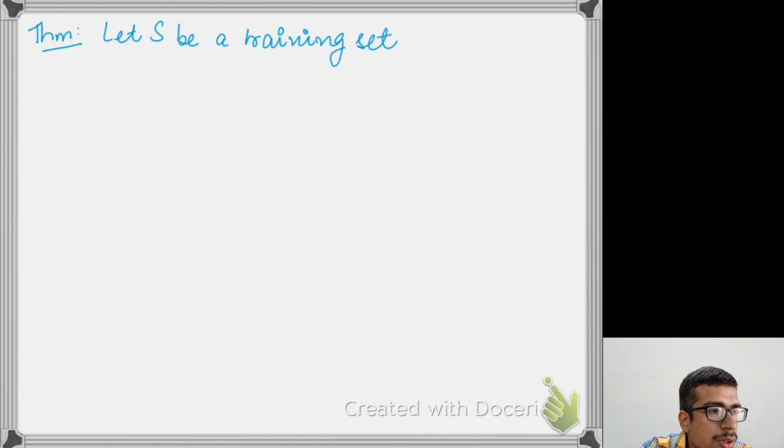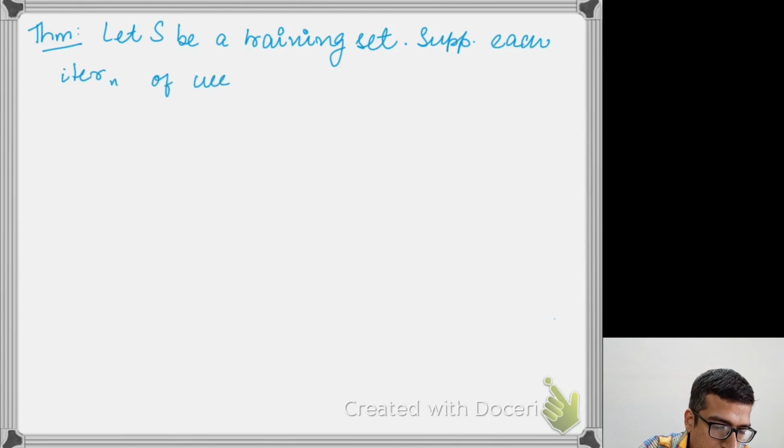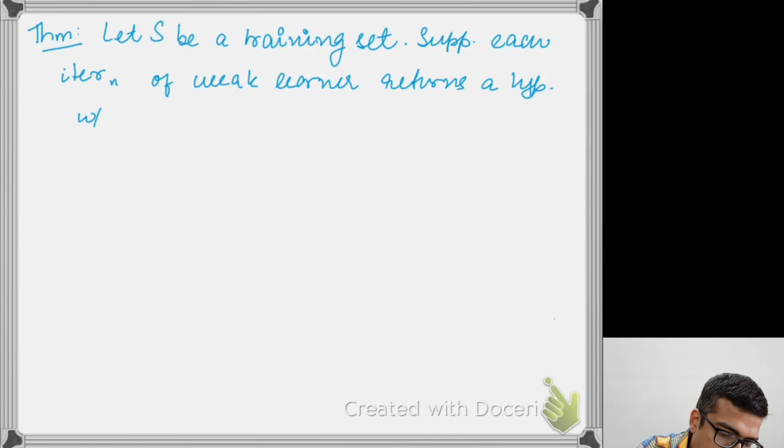Let S be a training set, and suppose the weak learner returns a hypothesis with error less than or equal to half minus gamma, which is the guarantee given by the weak learning hypothesis.